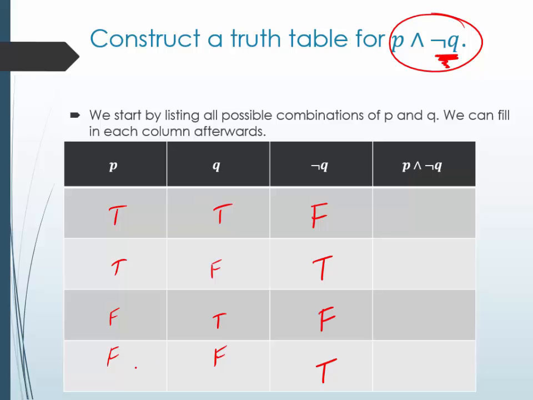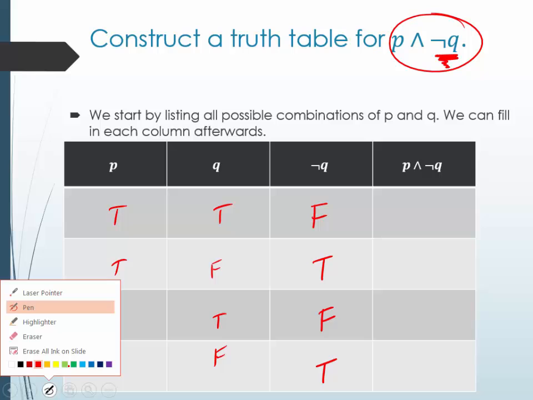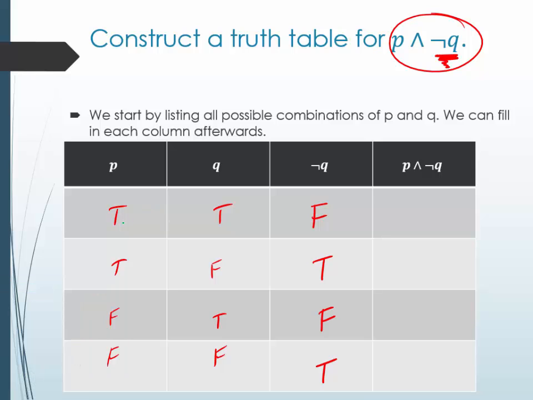So we can go through this, and we're going to basically completely ignore Q, and just look at the truth value of P and negate Q. Do we have true, true there? No. Do we have true, true here? Yes, so that's true. Do we have true, true here? No, that's false. And do we have true, true here? That is false. Okay? So you can see that conjunction can be used between not just P's and Q's, but negate P's and negate Q's.